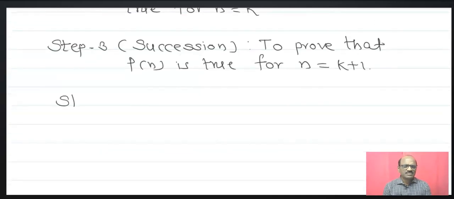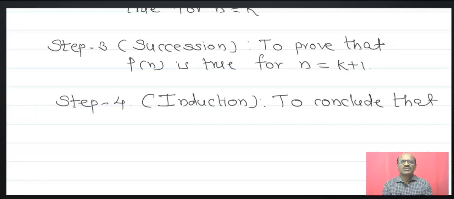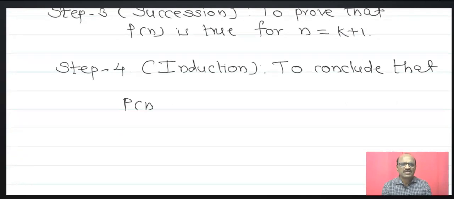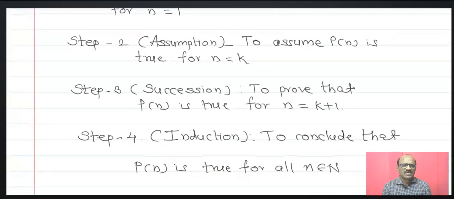This is an important step. In this step there are some intelligent calculations that you have to perform. And the last step is induction. From the above 3 steps we conclude that the given result is true for small n belongs to capital N, that is, P of n is true for all n belongs to the set of natural numbers. These are the steps included.